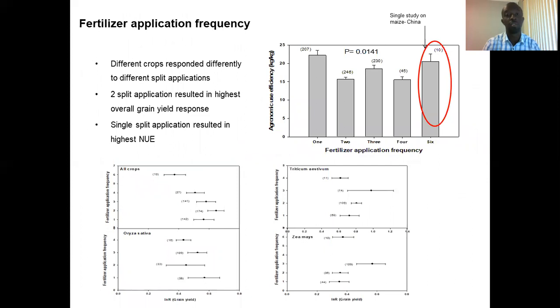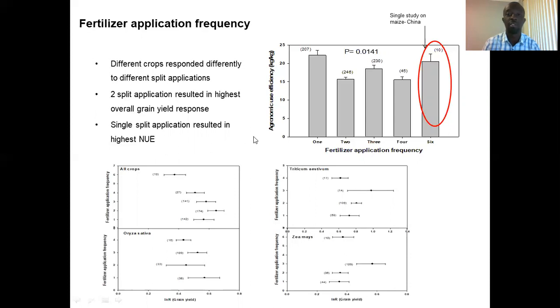Looking at application frequency, this was different for different crops, but overall, two split applications had the highest grain yield response. But when you look at individual crops, then these differed between different crops. Although it looks like maize and wheat had the highest at 3 split applications.